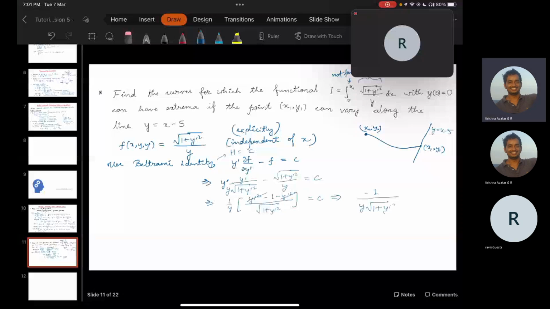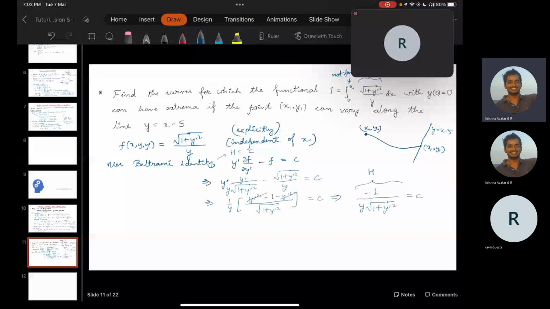And let's make some more adjustments here. Let's take the negative to the other side, so to say 1 by y into root over 1 plus y prime squared is equal to a constant. I'll just use the same constant for any new transformations, to avoid inventing new constants.